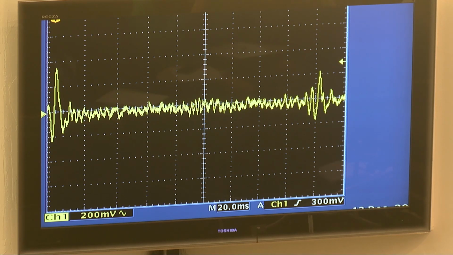Well, what am I doing here? I'm exciting a wave along the wire, and my pulse is a transverse pulse. I've got an excitation that's transverse.